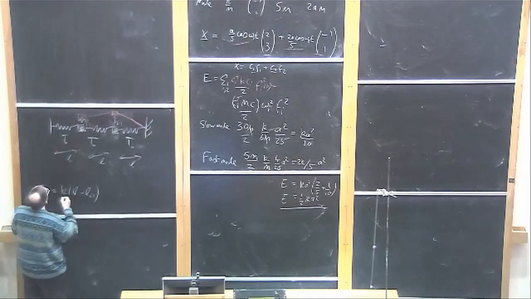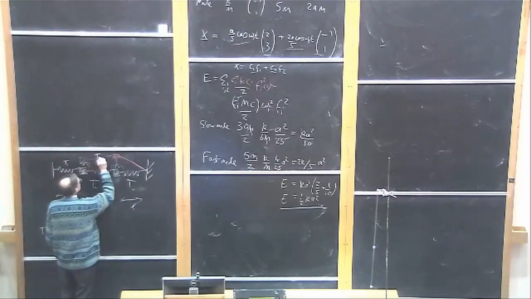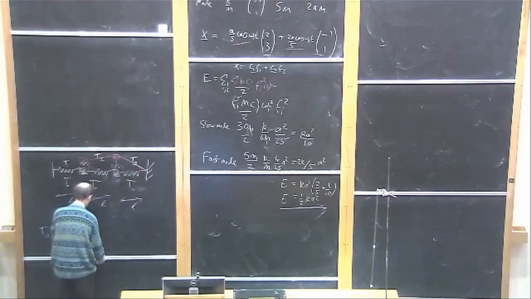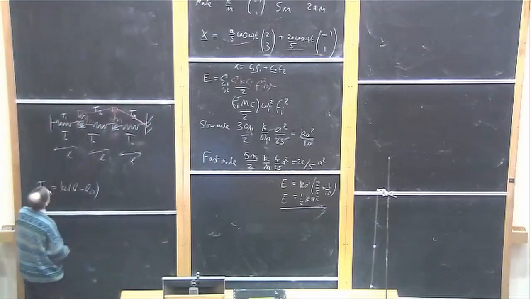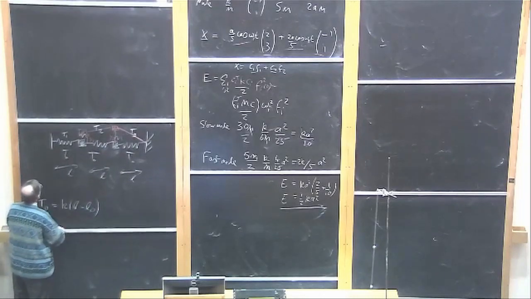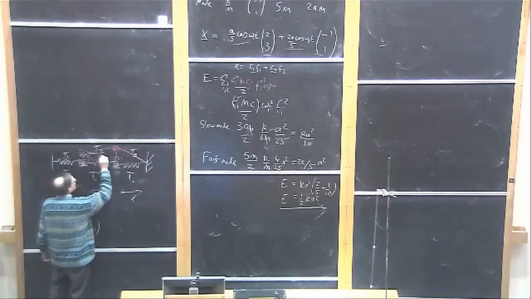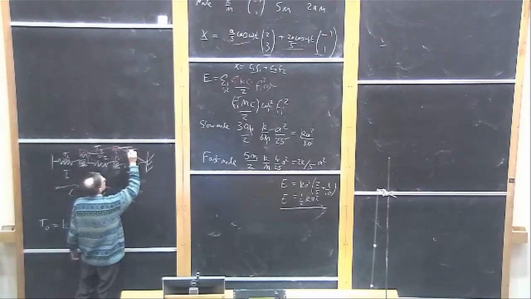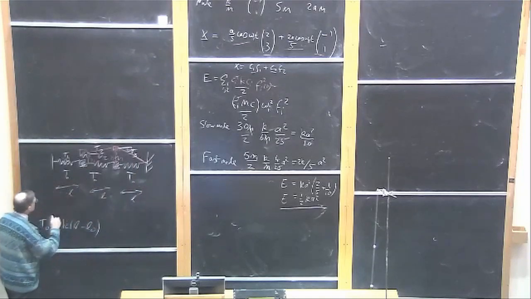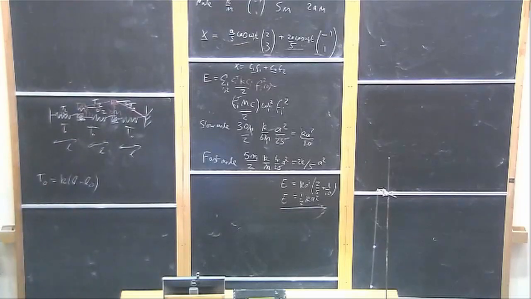And here, I shall have a T1, a T2, and a T3. And I'm going to introduce three angles, theta 1, theta 2, theta 3, and this one's negative. The sign of theta may matter at some point. So theta is positive when it's upwards.